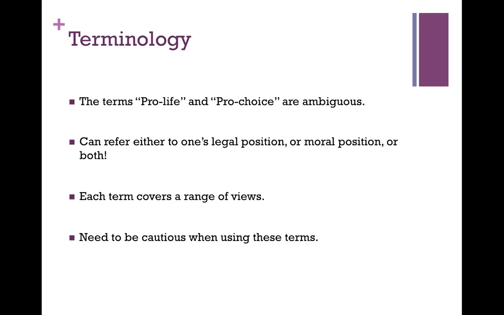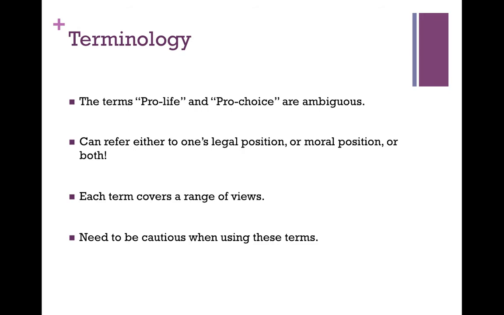On the one hand, they're ambiguous because pro-life or pro-choice could refer either to one's legal position or it could refer to one's moral position. For instance, you might say, well, look, I'm personally pro-life, but legally pro-choice, right? So if someone just tells you something like, I'm pro-life, I'm like, well, what does that mean? Or is that just your personal view, or is that your legal view? I mean, it could be either one.